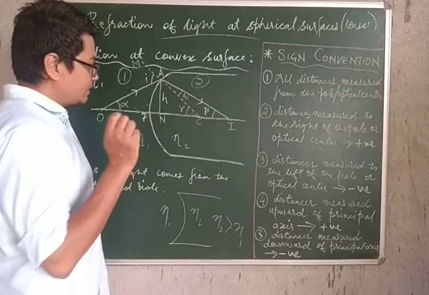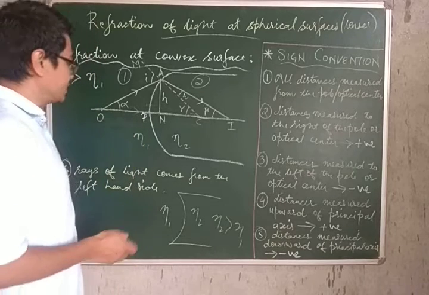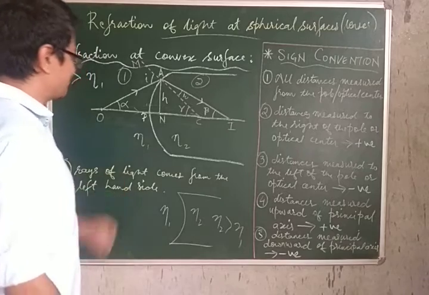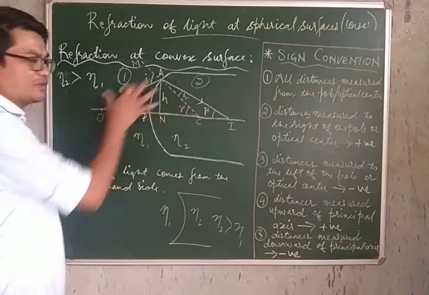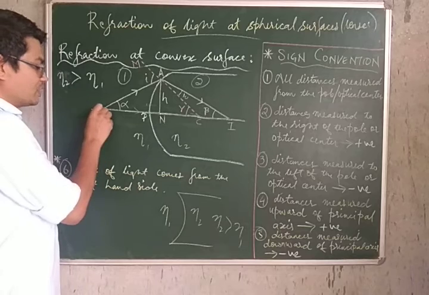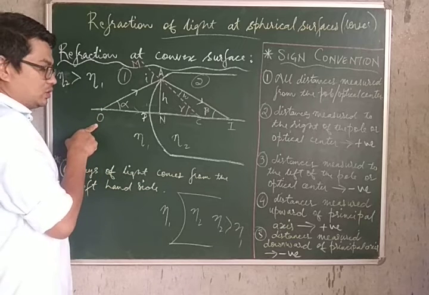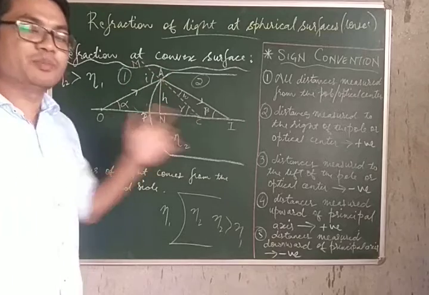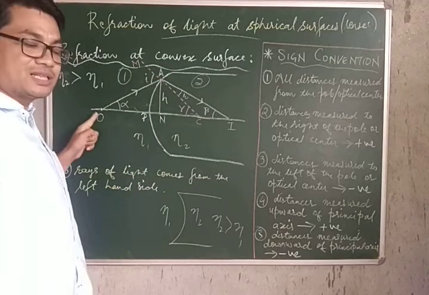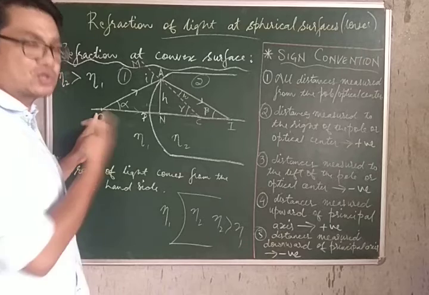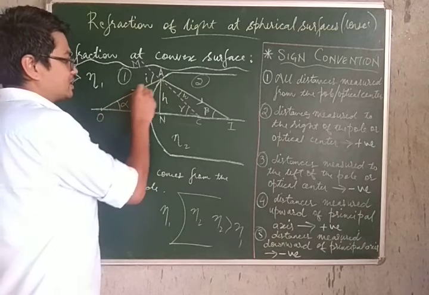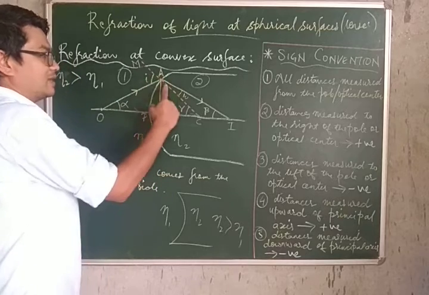Now there are many things I want to point out. But see here, let me first explain the picture. We have an object O, and rays of light are emitted in all directions from this source of light O. We are particularly focusing on one ray of light here.